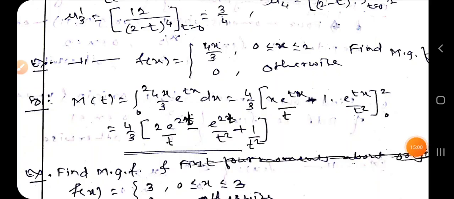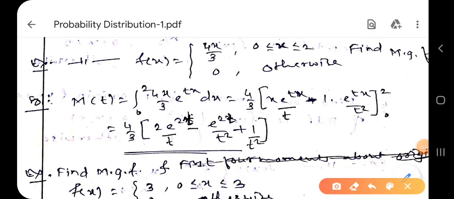Take one more problem. Here the question is, find the moment generating function. f of x is equal to 4x upon 3, 0 is less than or equal to x is less than or equal to 2, and it is 0 otherwise.